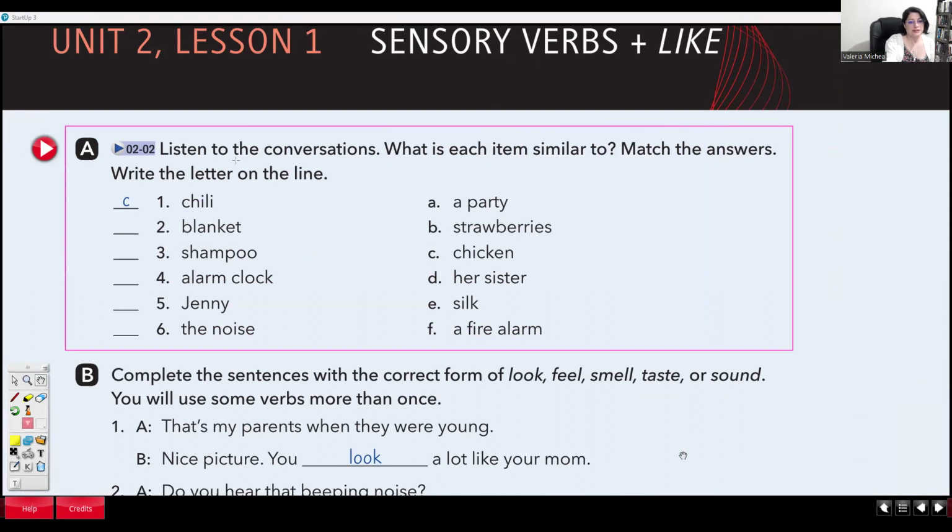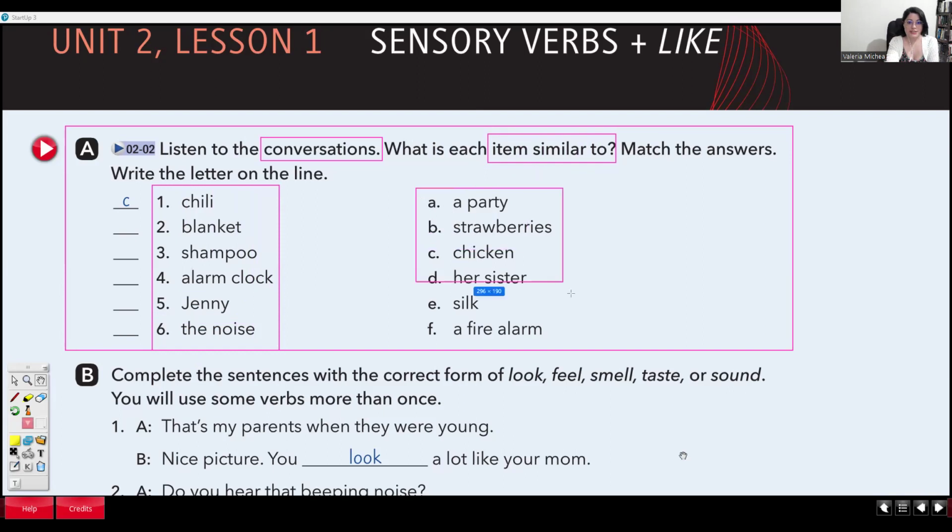The idea is that you listen to conversations, all right? You are not going to listen to just a dialogue. You have to understand just from the listening what each item is similar to, and then of course you have to match the answers. Let's read the options that we have. We have chili, blanket, shampoo, alarm clock, Jenny, which is a person, by the way, and the noise.